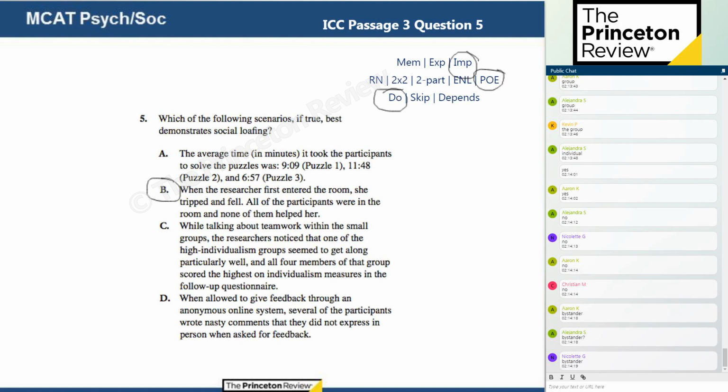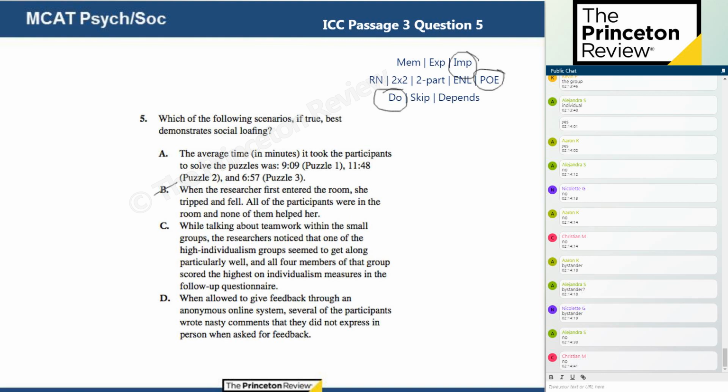Well, talking about homework, teamwork within the small groups, researchers noticed that one of the high individual groups seemed to get along particularly well. All four members of that group scored highest on individualism in the follow-up questionnaire. Is that social loafing? No. What is that? Oh, sorry. I just did a goofy. I meant to eliminate that.